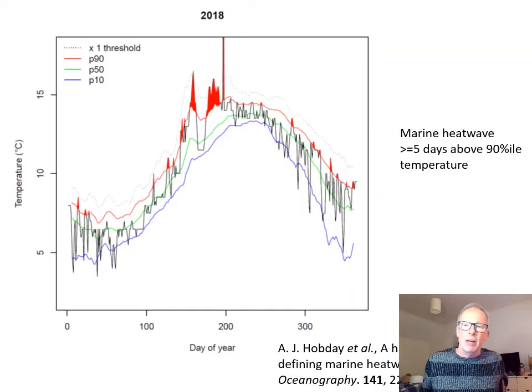A heat wave, as we define it, is a number of days above a certain threshold temperature, which in our case, we decided that we needed 5 consecutive days above the 90th percentile of the expected temperature for that particular day.